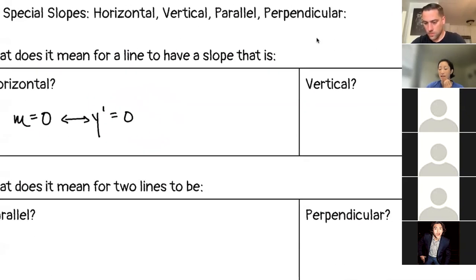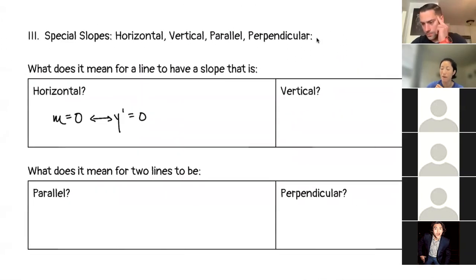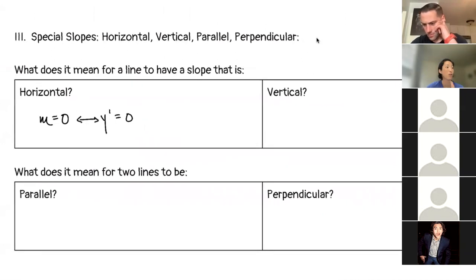Now, in contrast, I'm wondering if we can say some things about a vertical line. What do we know about a vertical line and the slope of that? All right, what might be a better way to phrase no slope? Yeah, I think if we modify no slope and change it to undefined slope, I think that's actually a more accurate way of describing that.